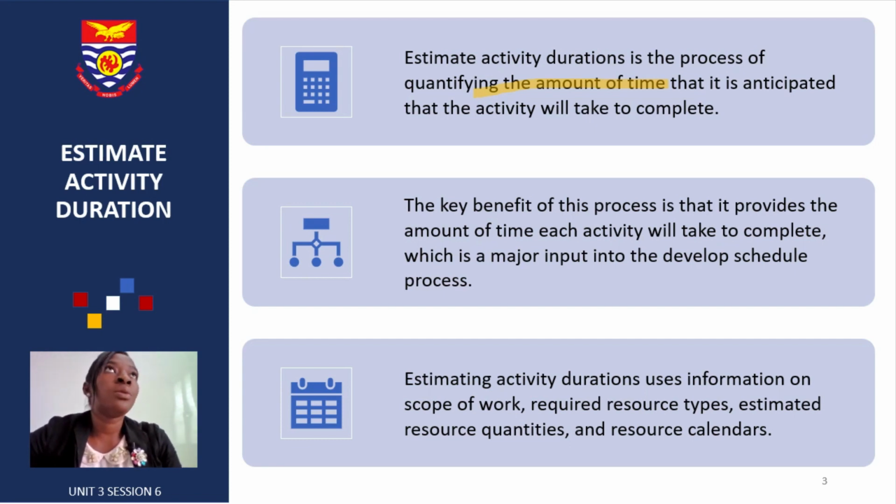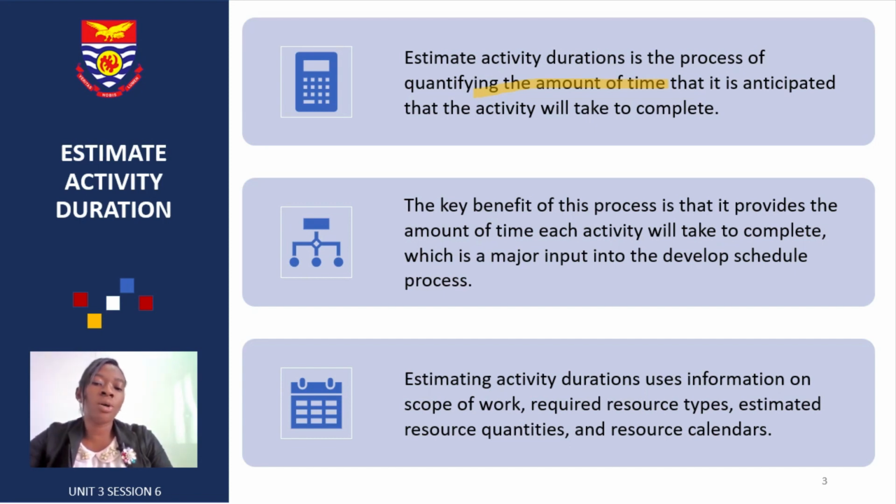We need to be able to say this activity A is going to take 2 days, this activity B is going to take 1 week, this activity C is going to take 3 days. We need to quantify all our activities. The key benefit is that it lets us know the amount of time we have for each activity to be completed, especially looking into the various inputs that would have to go in for us to be able to achieve that goal.